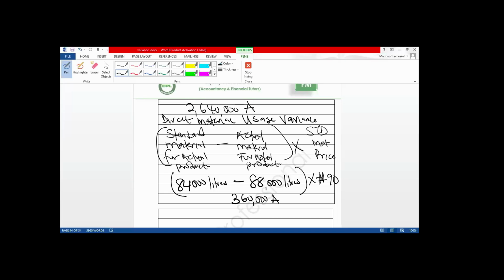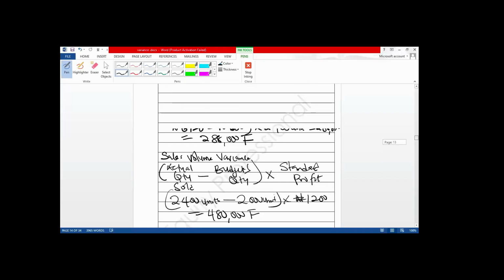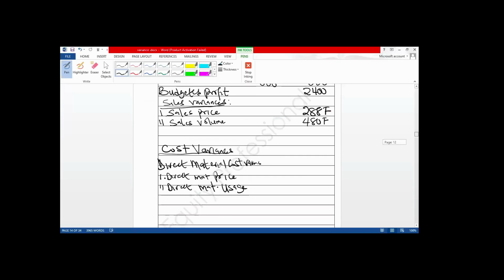We are done with material cost variance. You can return to the first page. Go and put the answer there. Here we have 264A, 360A. Adverse variance, that is negative. Positive variance, that is favorable.